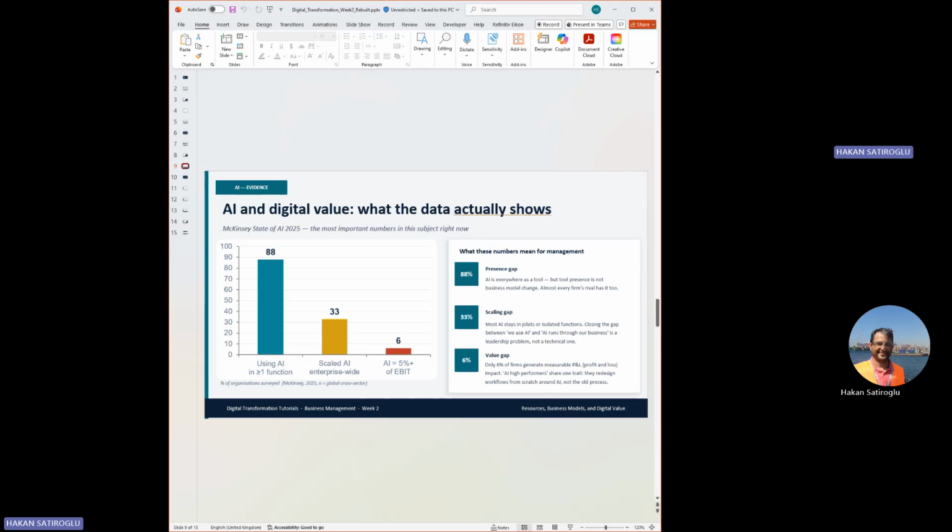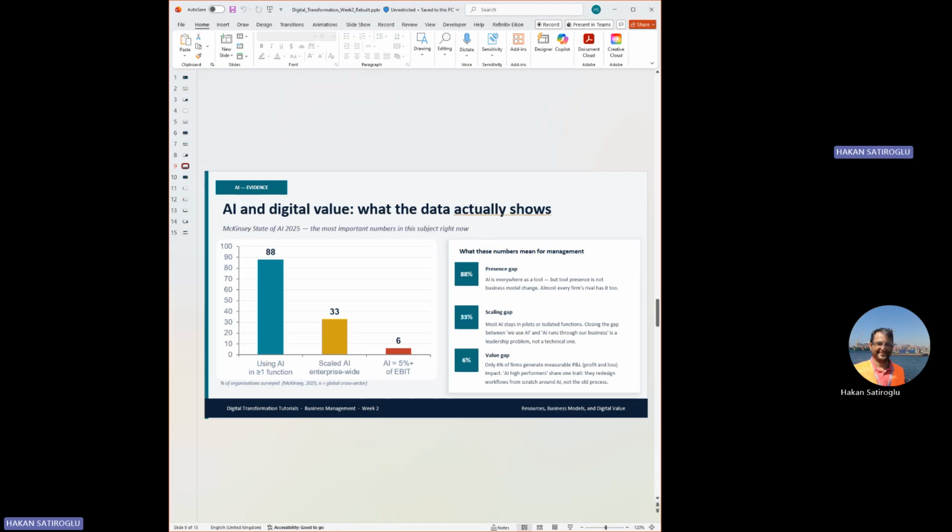At this point I must say, AI is common. Every organization tries to implement AI, and regulation needs to be taken care of. Competition needs to be taken care of, because an organization doesn't want to be a laggard in the competition.